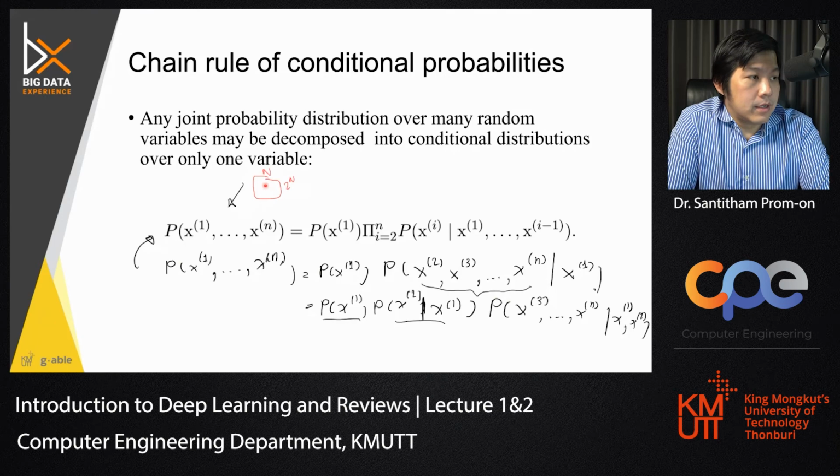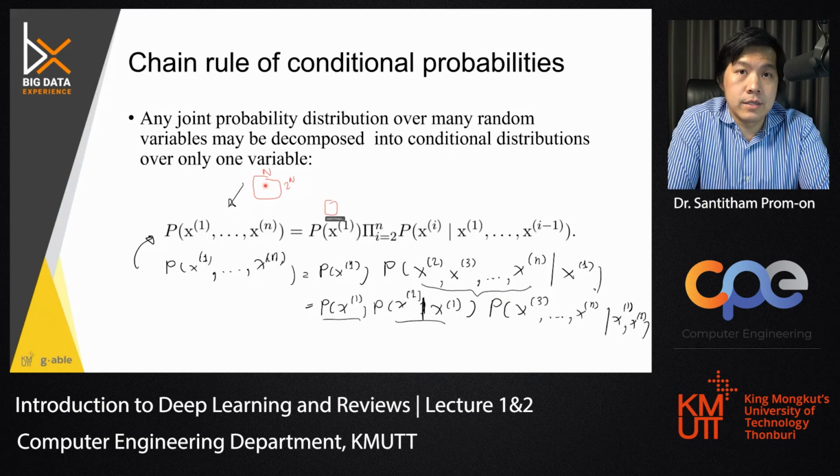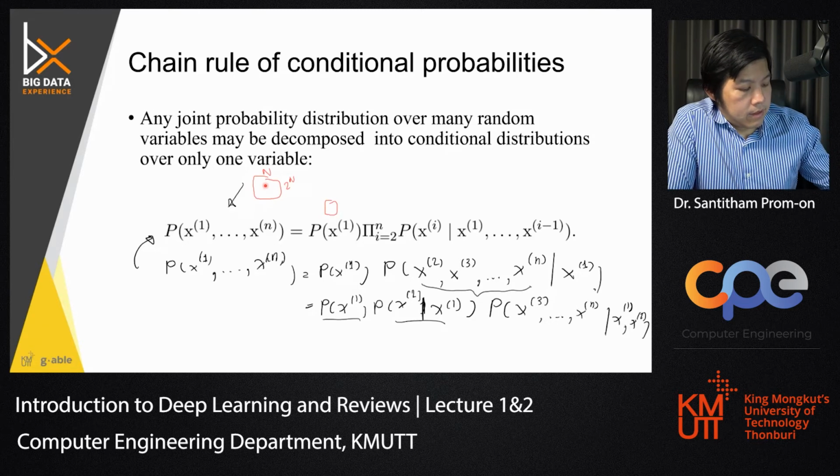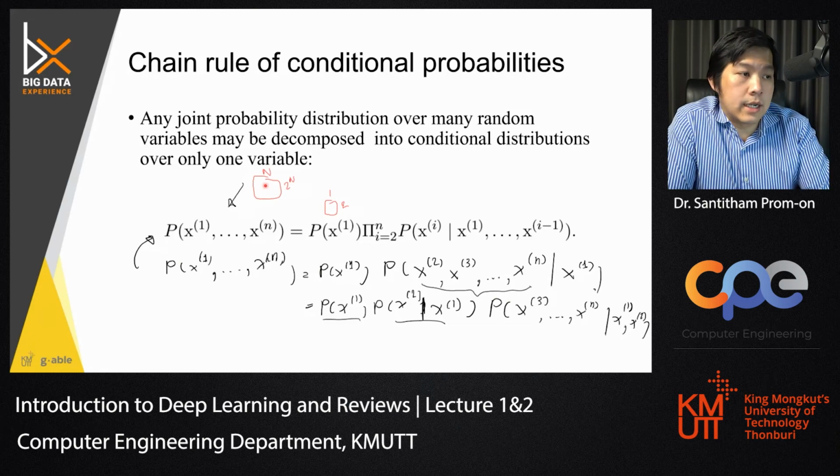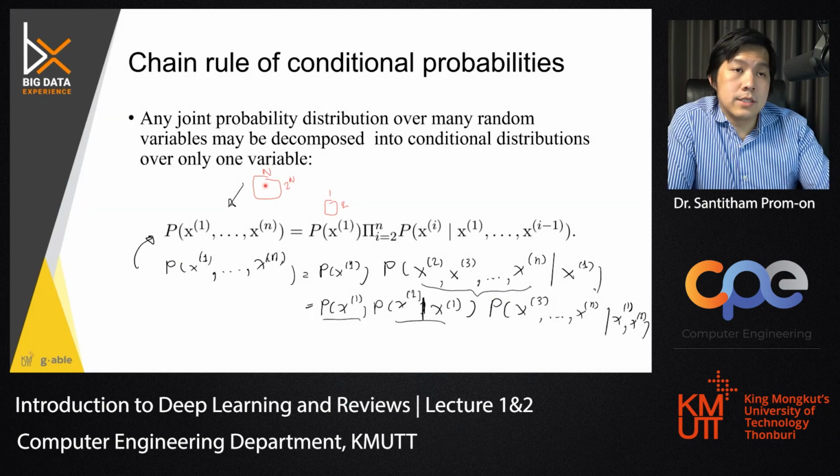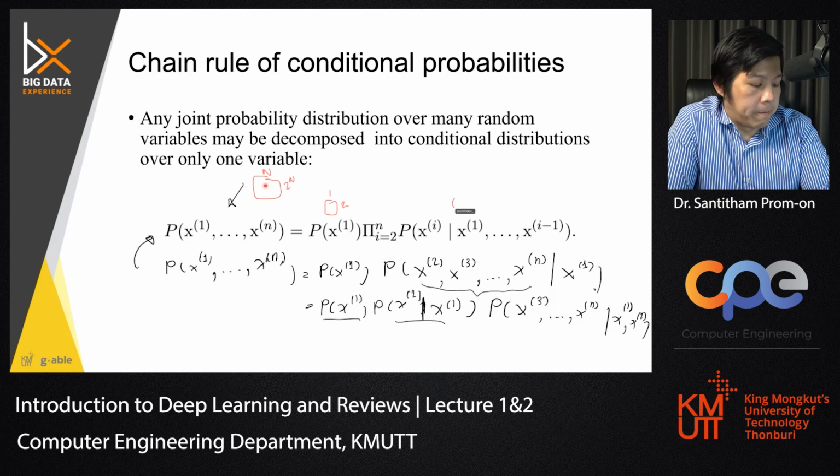That means this table will be quite large if you want to store all of the combinations of these variables. However, think about this table. Just one variable, right? P of x1. Suppose that you have 0 and 1. Then this is just the size of 2. 2 to the 1 is 2.